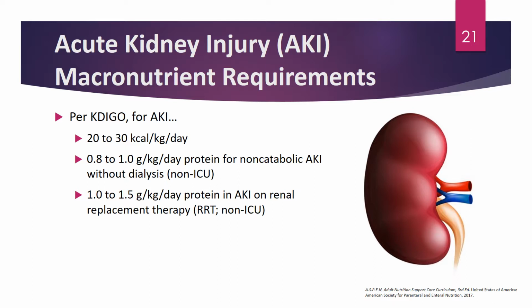But in non-ICU patients, if they have to go on dialysis, they get at least 1.0 at minimum. And that encompasses all renal replacement therapies. Peritoneal dialysis is included in that case.